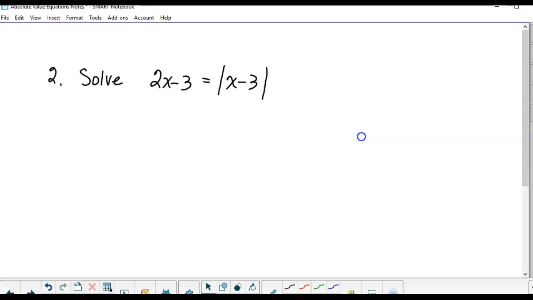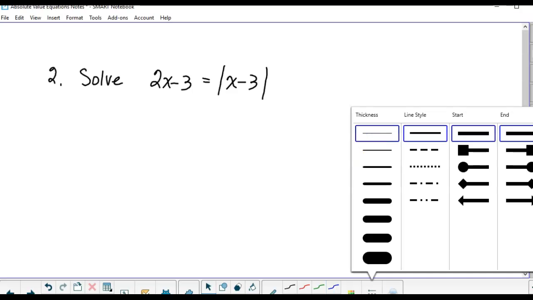Again, kind of like radical equations, make sure that the absolute value term is on one side, if you can. So if there's only one absolute value term, get it on one side. It is already. And then think about your cases.